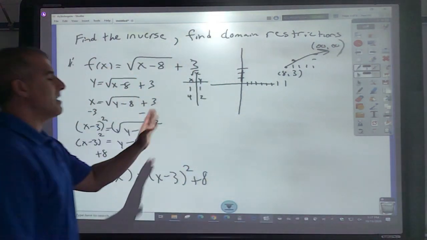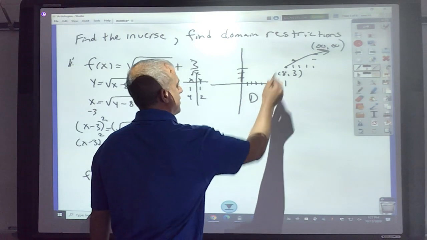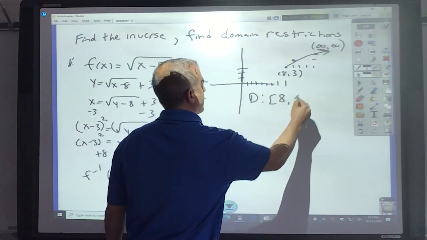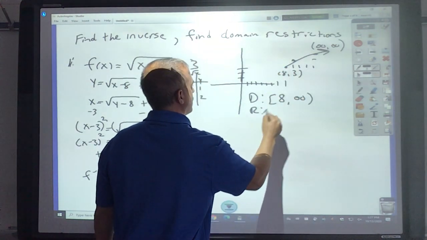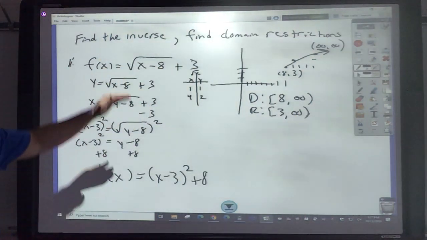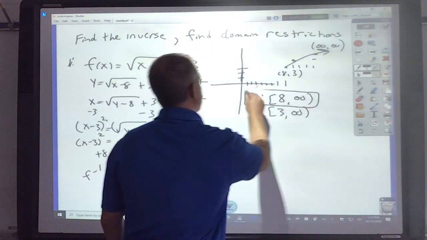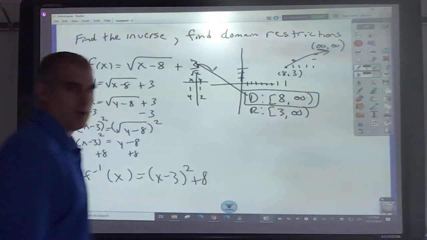So let's talk about domain. Let's find the domain and range. The domain for this, smallest would be 8, biggest would be infinity. Range, smallest would be 3, biggest would be infinity. Now, when you find the inverse, the domain restriction for the original was this one.